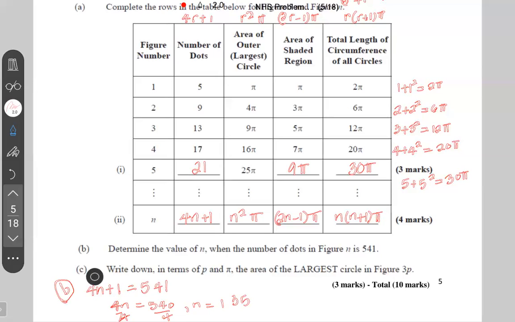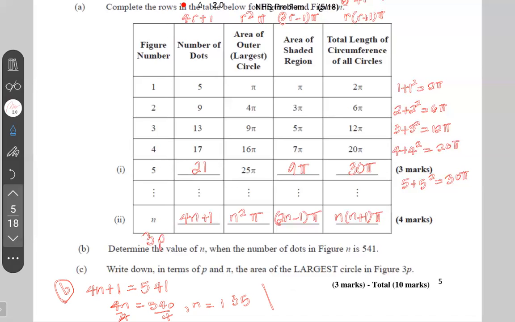C is asking us to write down, in terms of p and pi, the area of the largest circle in figure 3p. So if it's figure 3p, this is 3p, that's the figure number.